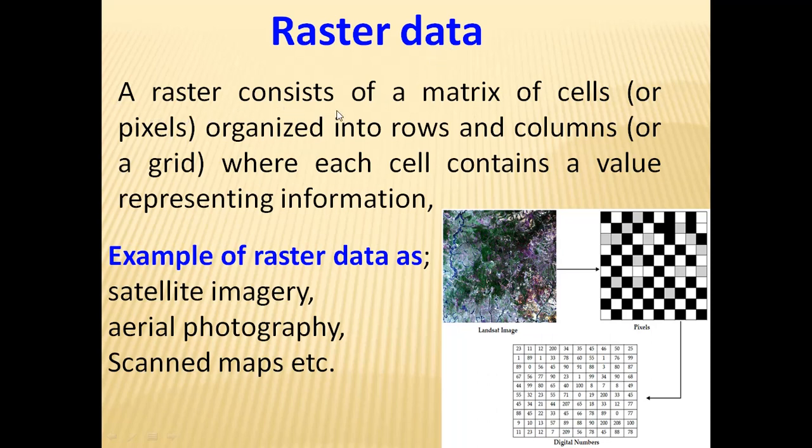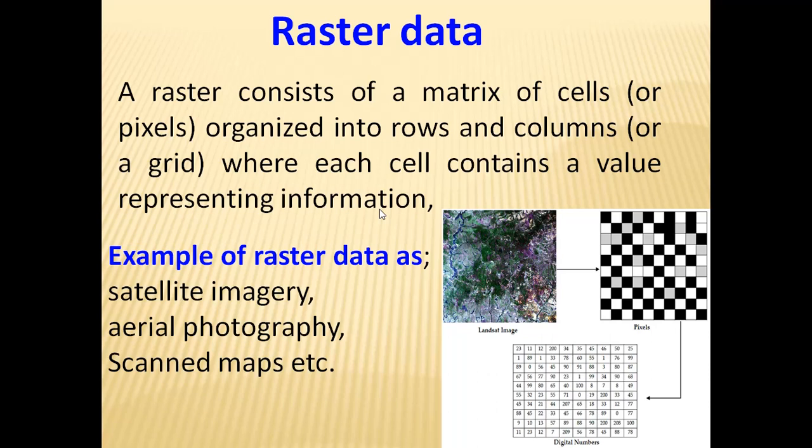Raster consists of a matrix of cells organized into rows and columns, or a grid, where each cell contains a value representing information. Raster data is one type of spatial data.